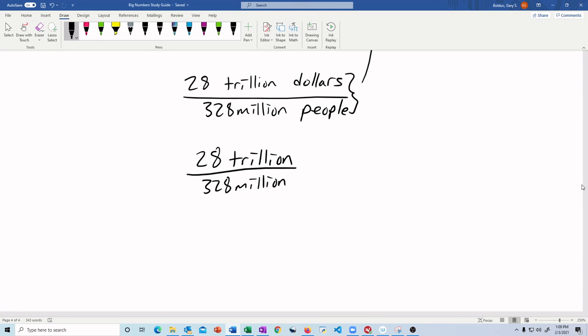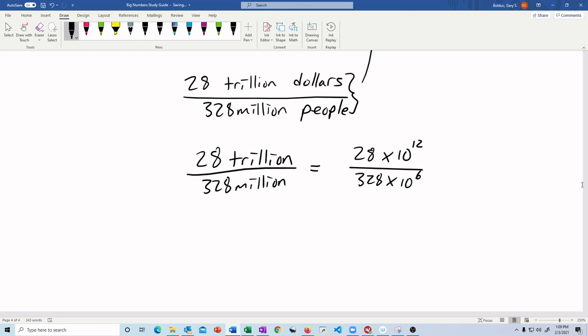Or what you can do is write it in exponential notation. So I'll do the exponential this time. 28 times 10 to the 12, because there's 12 zeros in a trillion, over 328 times 10 to the 6th, because there's 6 zeros in million.